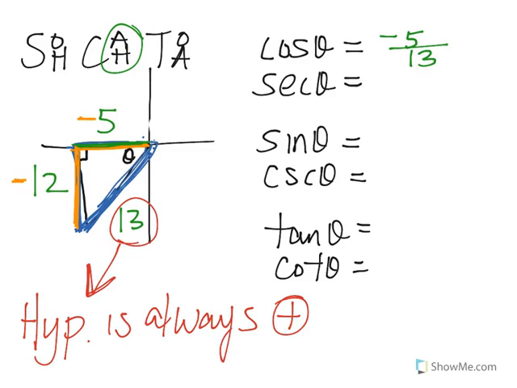And therefore secant theta is the reciprocal of cosine, so it's going to be -13 over 5. And sine theta is opposite over hypotenuse, so the opposite side of our angle theta would be the -12, and the hypotenuse is 13, and cosecant is the reciprocal of sine, so that would be -13 over 12.